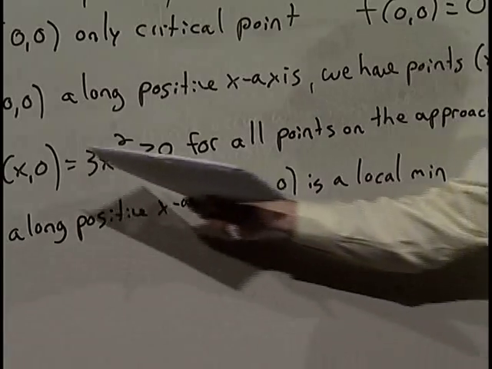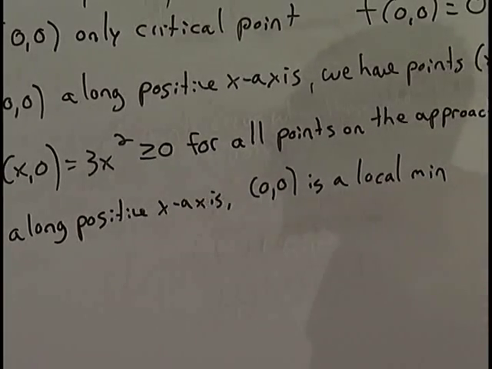Because every point you're always higher up than 0, and eventually you get down to (0, 0), and you get to 0. So you're at a local min there.